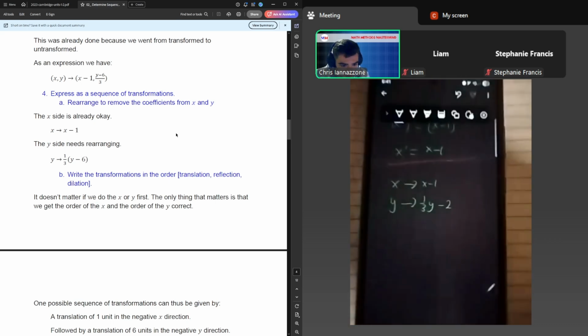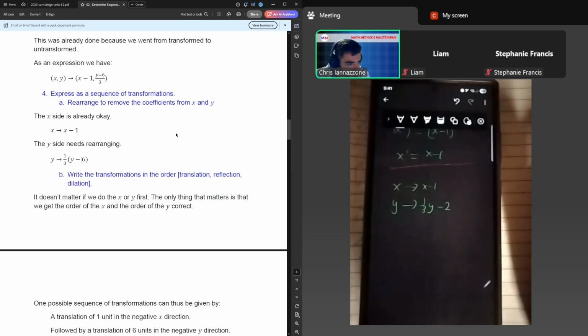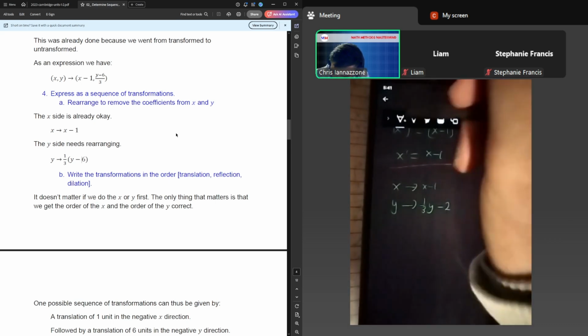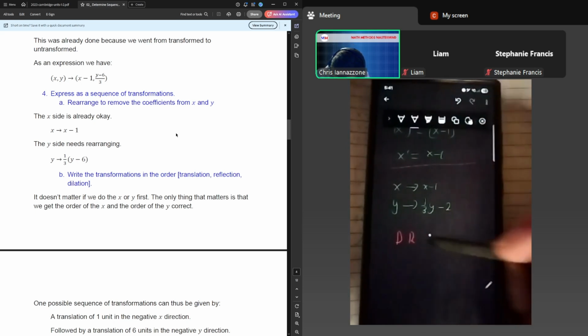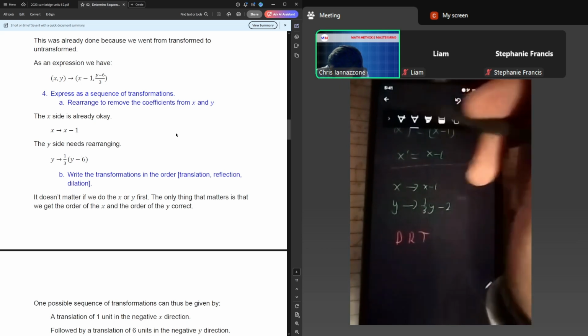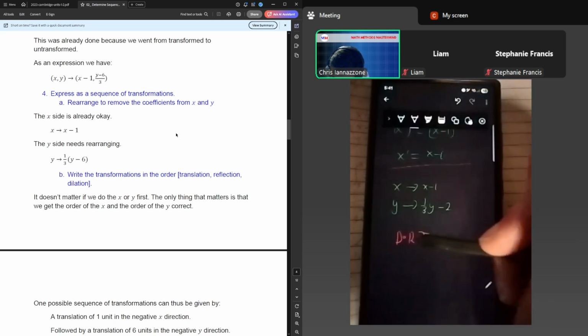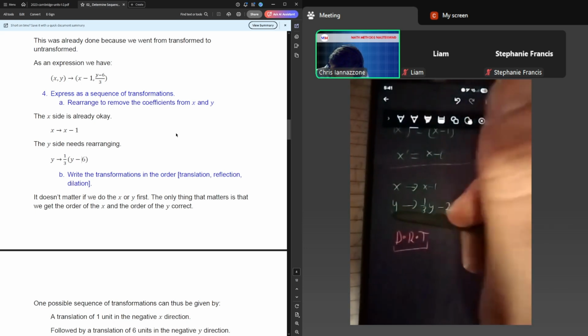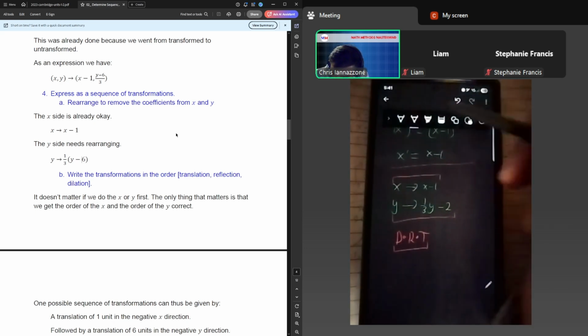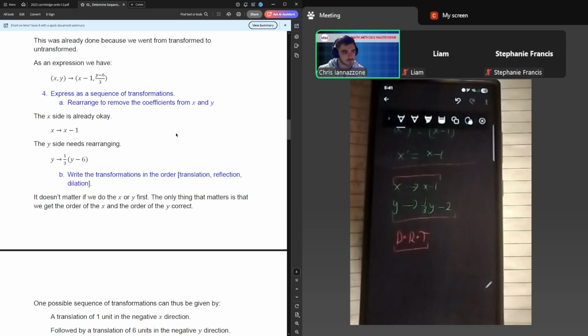You're going to expand that coefficient of a third through everything. When both things are expanded, then you do dilate, reflect, translate. So if you've already been taught to do things in DRT, this is what you want yours to look like. If you don't have a preference either way, then pick either what you see on the screen or what you see in the notes. It's purely up to you.